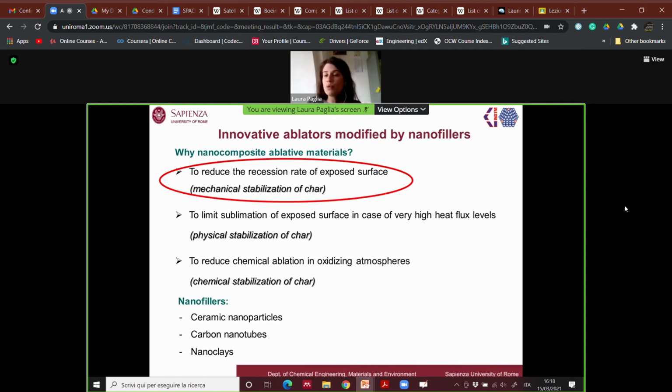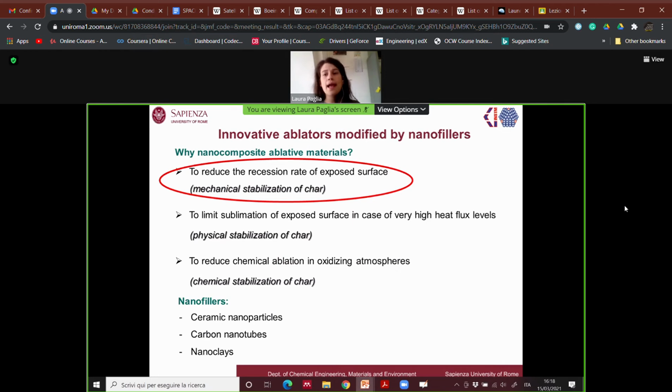And in fact, we observed that thanks to the introduction of nanofiller inside the material, the thermogravimetric analysis could be different because nanofillers can influence also, for example, the position of the polymeric chains.